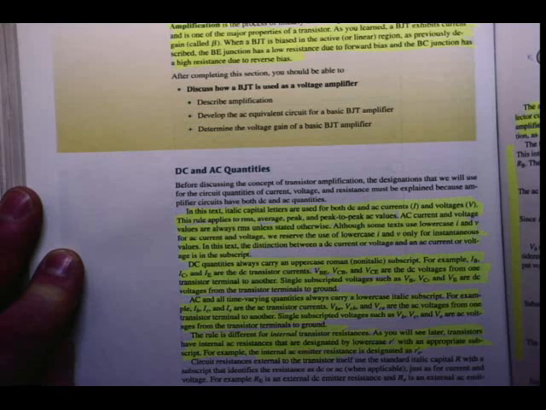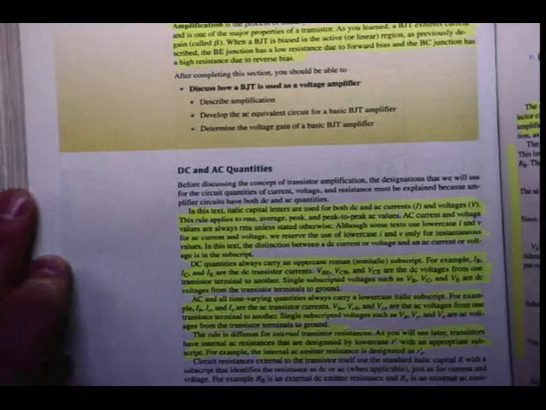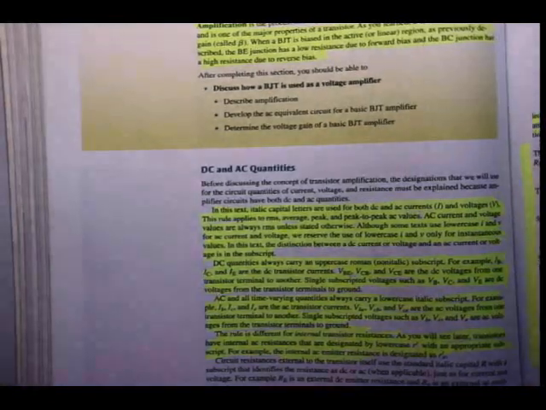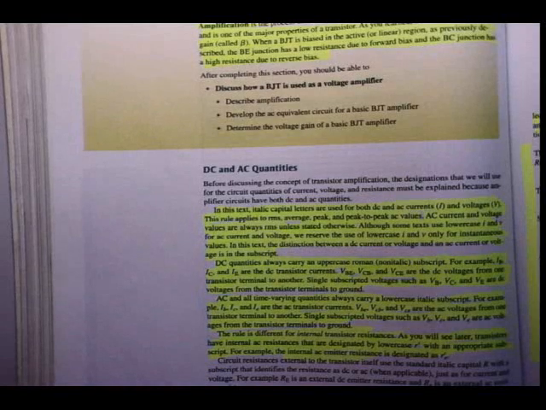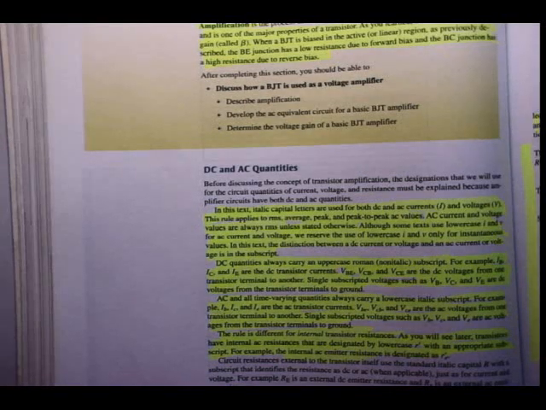Please underline that. Especially very important when you're going to do calculations and you want to show me some waveforms on the oscilloscope. The oscilloscope cannot show me RMS values, for instance, né?